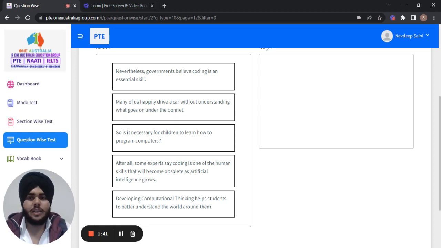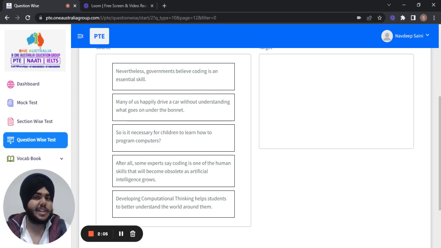In PTE reorder paragraphs, you get at least 6 points in total, and you get 1 point for every pair. For every two lines you put together correctly, you get 1 point. So it is a very important task. As we proceed, I'll tell you some more tips and techniques.